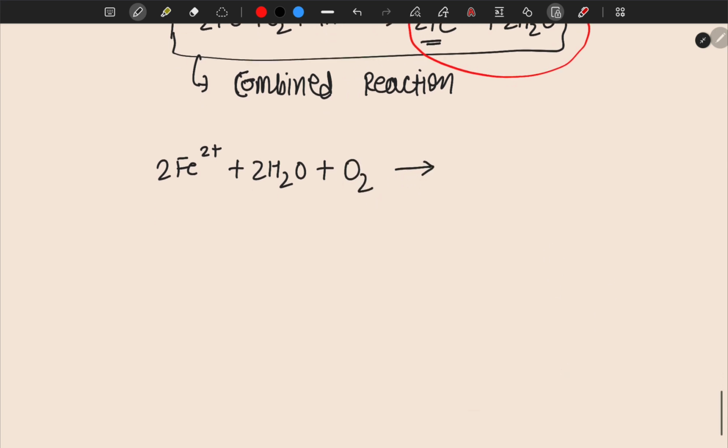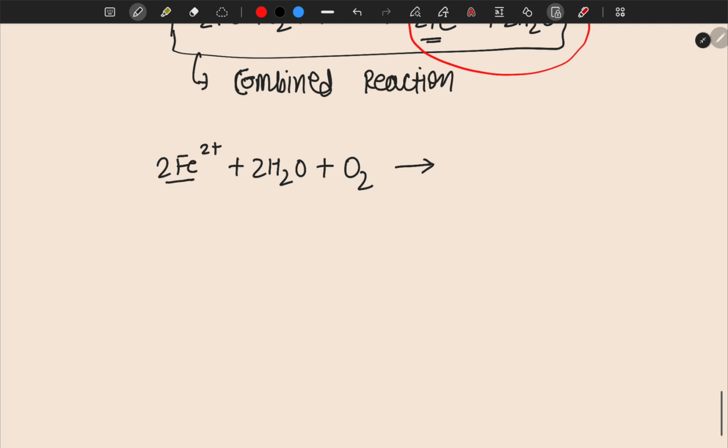Now in class I may have rushed this particular step, but let's try to understand it very clearly. So now this Fe2+ needs to combine with oxygen. What is the oxidation state of oxygen in a compound? It's -2.